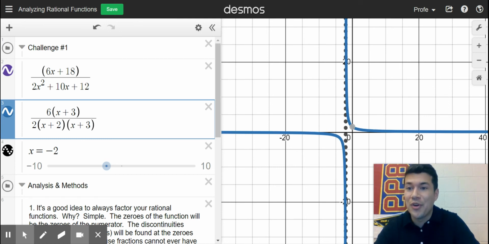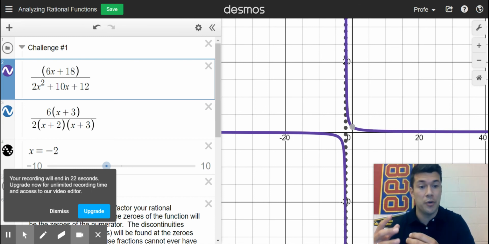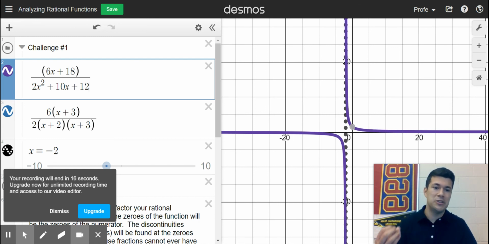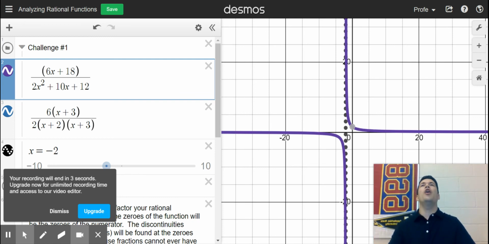If you look at your, not leading coefficients, I apologize, if you look at your constants, 18 and 12, they usually serve the purpose of y-intercepts for their respective polynomial functions. For a rational function, we're just going to take the ratio of those. 18 divided by 12 is the same as 3/2 or 1.5. So that's a little info on x-intercepts, y-intercepts, vertical asymptotes, holes, end behavior, et cetera. Rational functions are awesome.